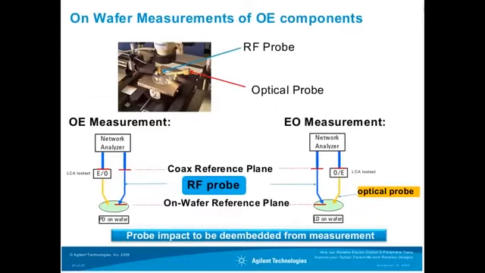Here we see such a configuration, and as I described, for either way, EO and OE measurement, you need to extend the coaxial reference plane through the RF probe onto the on-wafer reference plane. Similarly, it's also important that you be able to expand the optical reference plane at the output of the LCA test bed onto the tip where you connect the optical probe to the device under test.